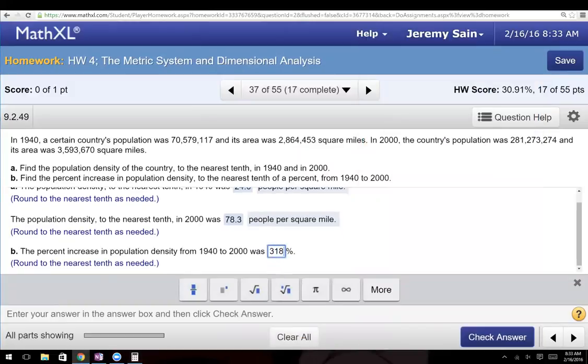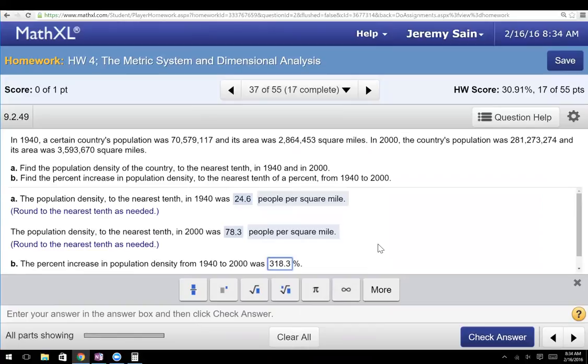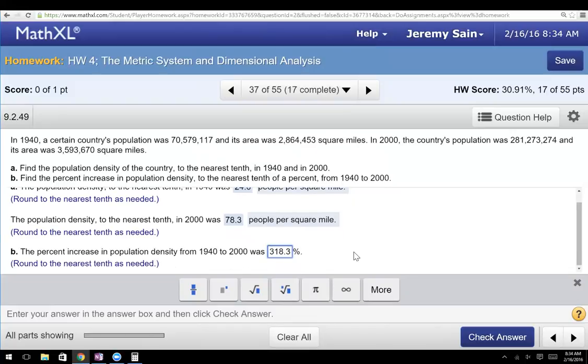Well, that's about right. Do we want to try it? 200% increase would be 75% basically. So you need to subtract 100 from that. There you go. Yeah. So 78 is 300% of 24. Right. So we're looking for the percent increase. So it's 218% more than 24.